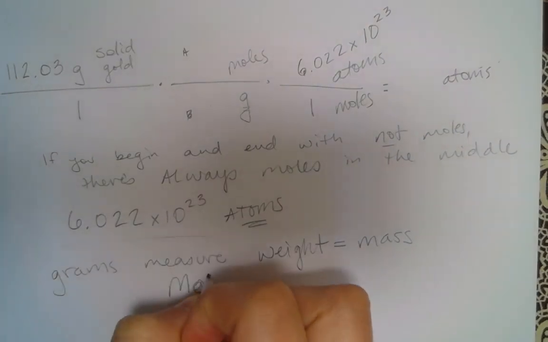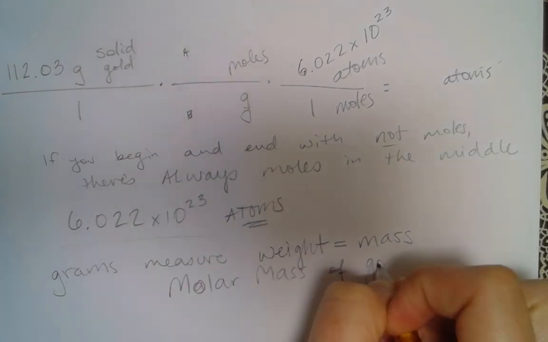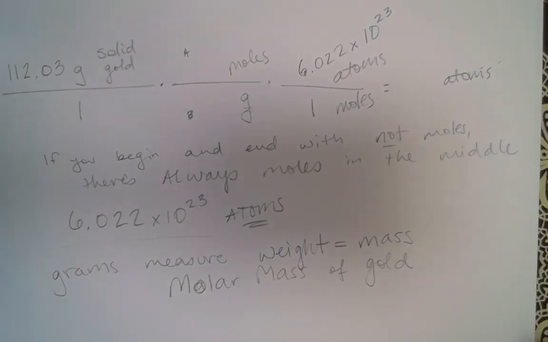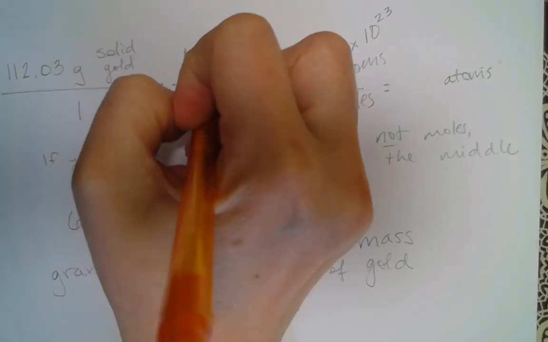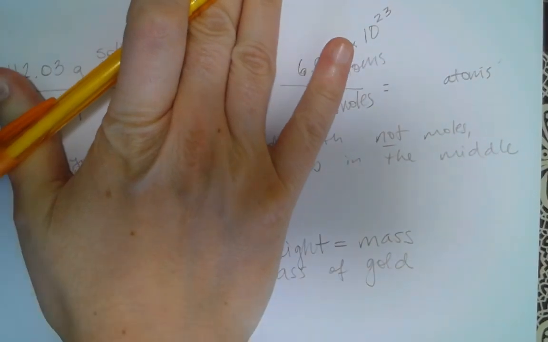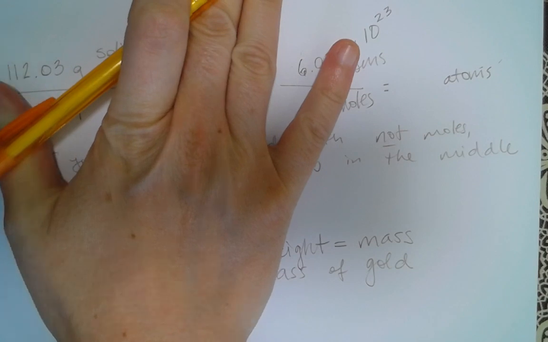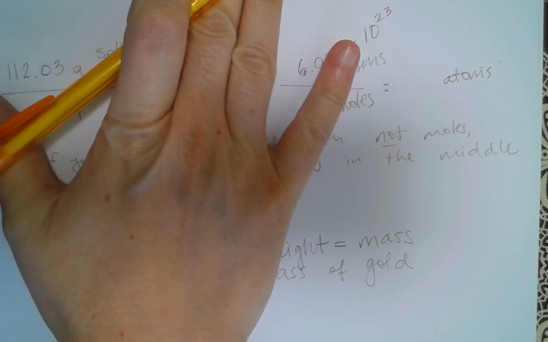Okay. And that number would be... where is it? 196.97. Oh, I should have made you tell me where to put it. Does that go on the top or the bottom of that middle fraction? On top. What unit does that number match with? The moles. So I guess the grams, because it's grams of gold.